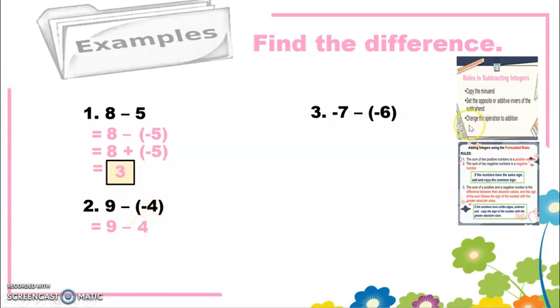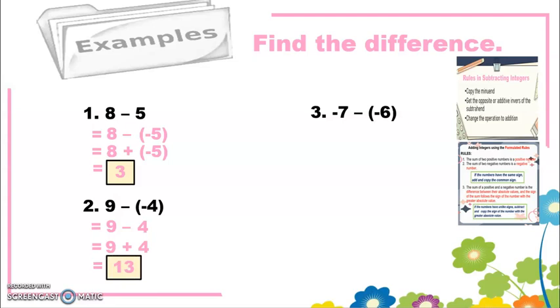And then lastly, change the operation to addition. So that is 9 plus 4. As you can see, we follow the rules in adding integers. Ang gina-add ta, same sign. If the numbers have the same sign, i-add ta lang na, and then we copy the common sign. So, therefore, the answer is positive 13. I hope you get it.